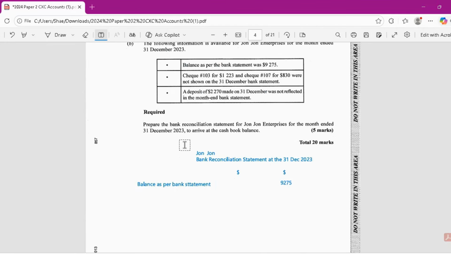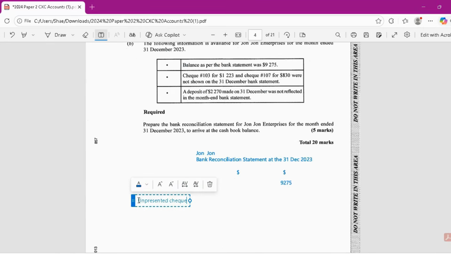So we have to subtract it from our bank statement amount. All right. However, please note that this is for December. So we're not going to be getting the balance up there, right? This is a different month. Remember, we were working the cash book for the month previous.